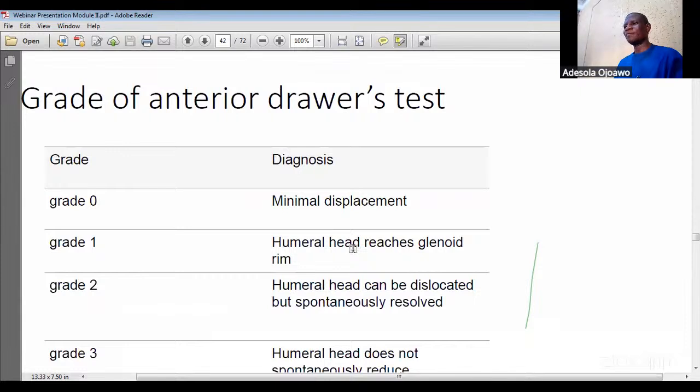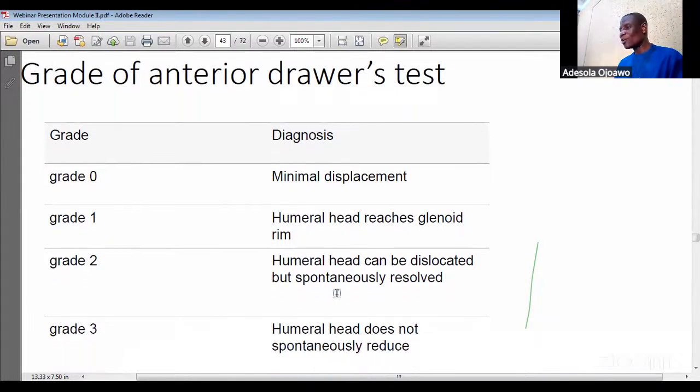Right. Yes, and this is the grading of the movement. You have grade 0, minimal displacement. You have grade 1, humeral head reaches glenoid rim. So when you pull it, you are going to feel it. Then grade 2, humeral head can be dislocated or spontaneously released. Don't forget that we did load and shift the other time, and we have grading.